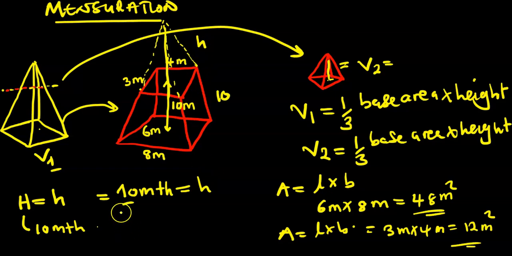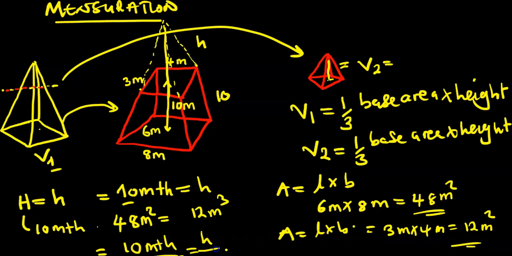So we are going to put down here, since we are forming the ratio of the height, the big height to the small, and also the ratio of base areas. So the big base here is 48 meter square to, what is the small one? 12 meter square. This one is written as 10 meter plus H over 48 meter square is equals to H over 12 meter square.